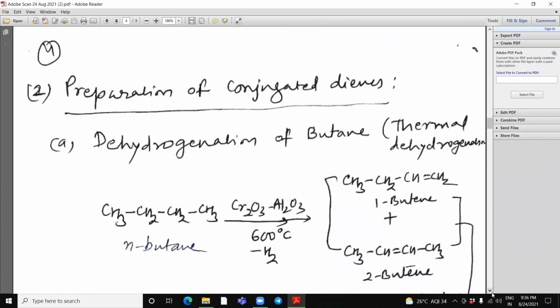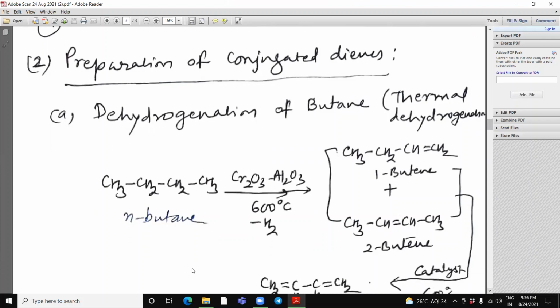Preparation of conjugated dienes. Conjugated dienes also can be prepared from normal butane by dehydrogenation of butane. It is thermal dehydrogenation.